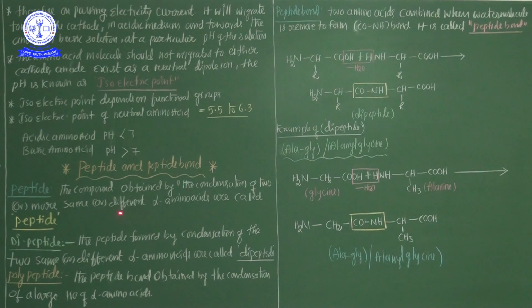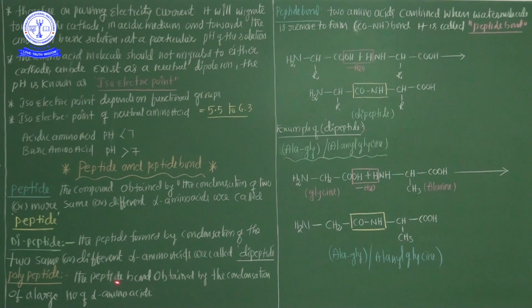Simply, same or different categories of alpha amino acids, two or more amino acids, are condensed to form one bond, and that is peptide. A polypeptide is obtained by the condensation of a large number of alpha amino acids.